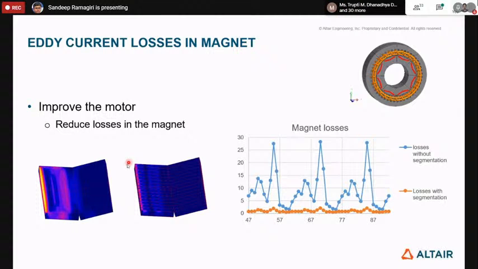So you can see I'm able to reduce the loss concentration in this particular area, and you can also compare the results here, with segmentation and without segmentation, the magnet losses. With segmentation, the losses are coming down, and because of this, we can also improve the efficiency. So these kinds of advanced simulations we can do in the detailed stage.